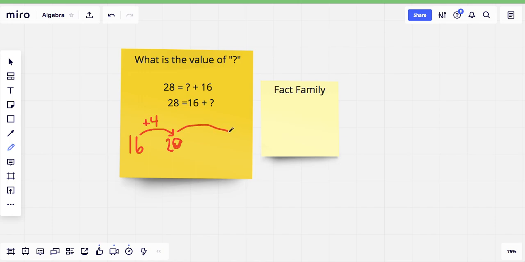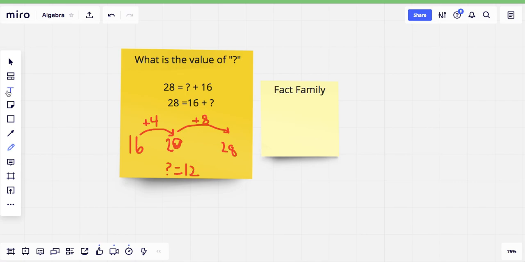And then if I wanted to get to 28, I would add 8 more. And so altogether, I've added 4 and 8, which is a total of 12. So the missing number in this case would be 12.